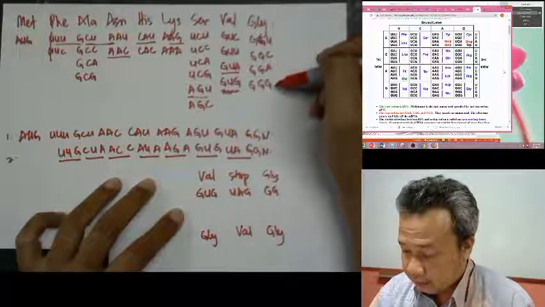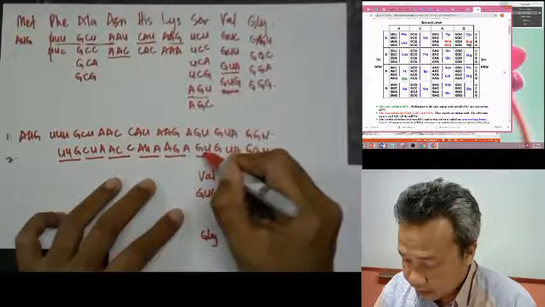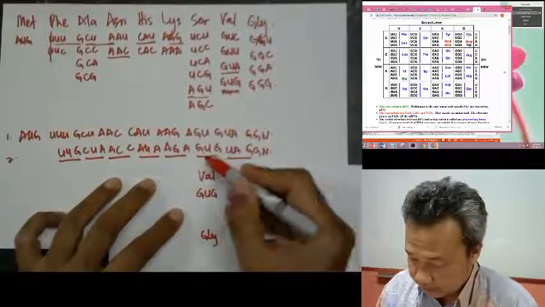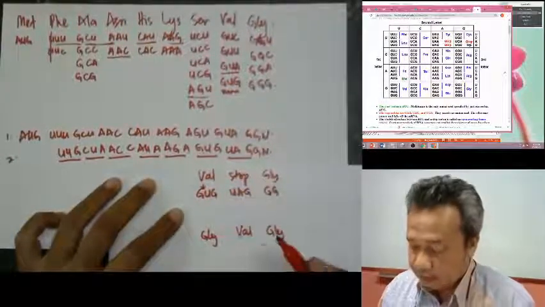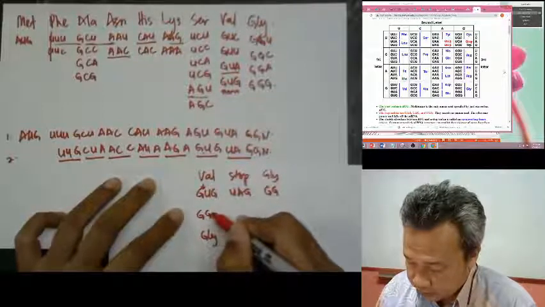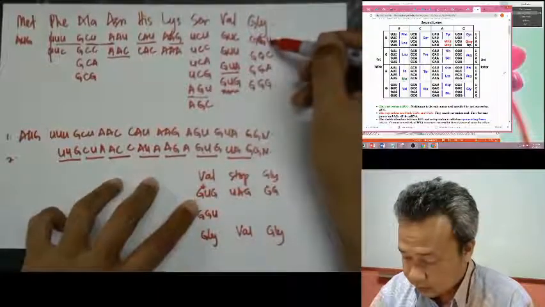And how you can get that is by inserting a G at that point. So now, if you insert a G there, then you'll get GGU, correct? Because you know glycine is GGU.